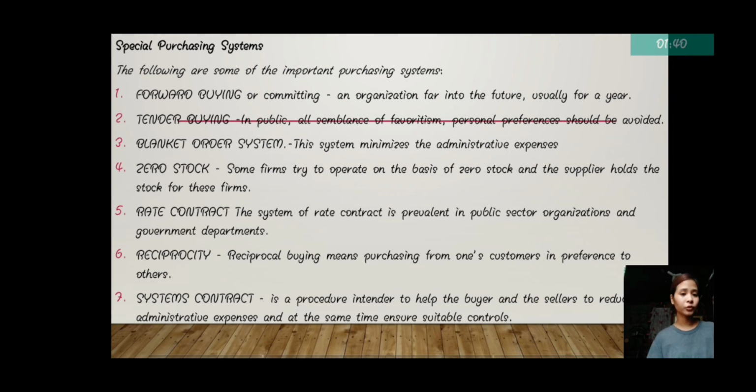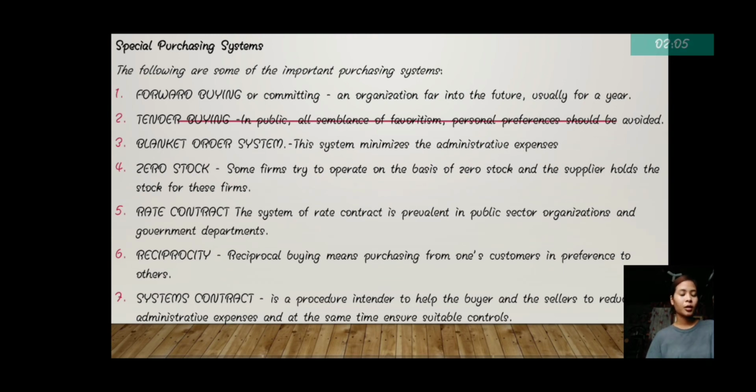Then the rate contract. In this system, rate contract is prevalent in the public sector, organizations, and government departments. So the contract is seen in other public sectors, most especially in government departments.